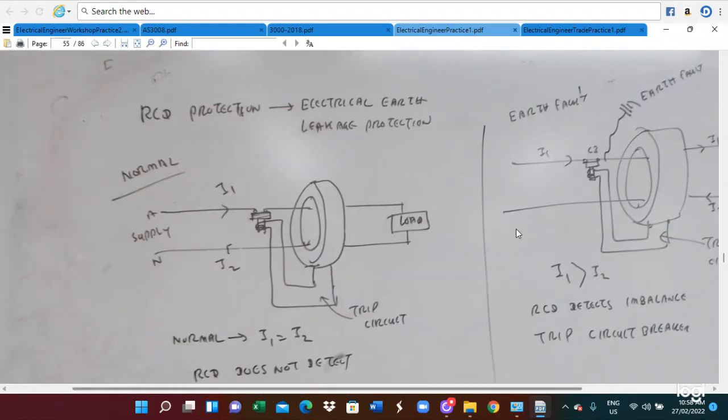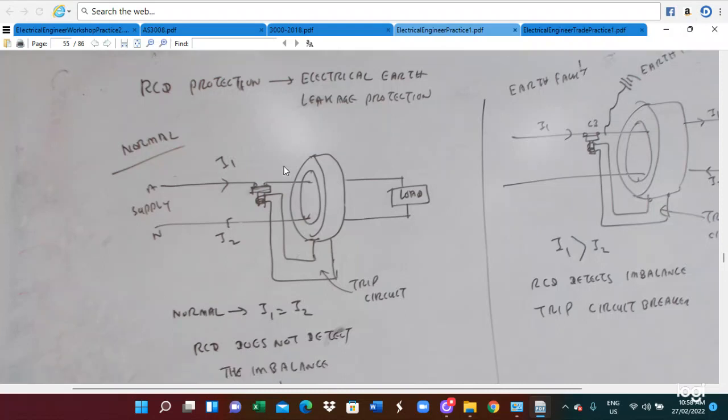Okay, so then we utilize a residual current device, RCD. RCDs are residual current devices. When an earth fault current happens, the fault current is sensed by the RCD and then it trips off the supply.